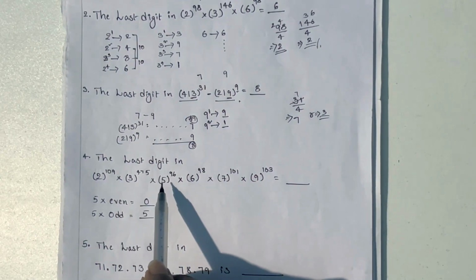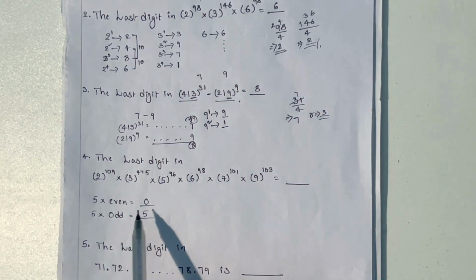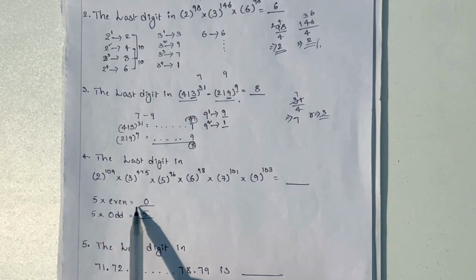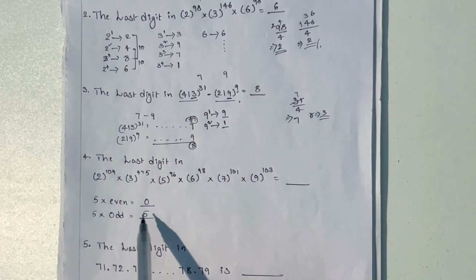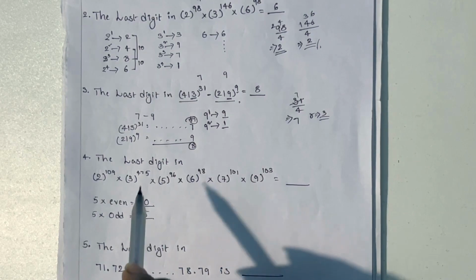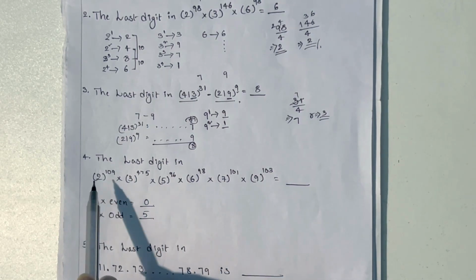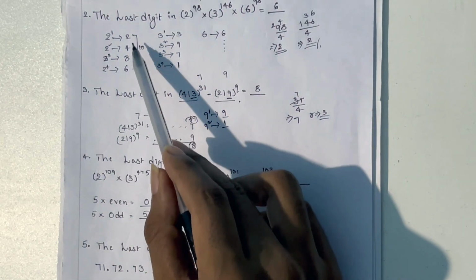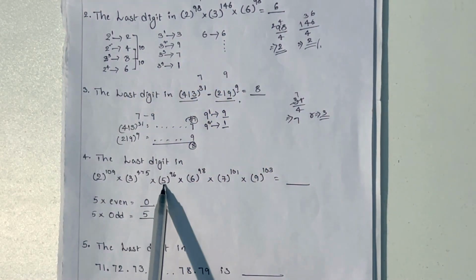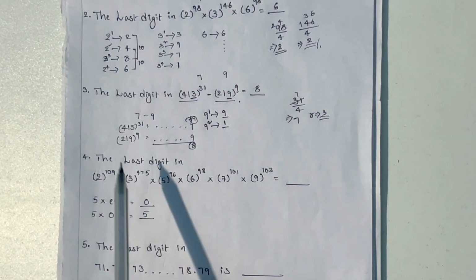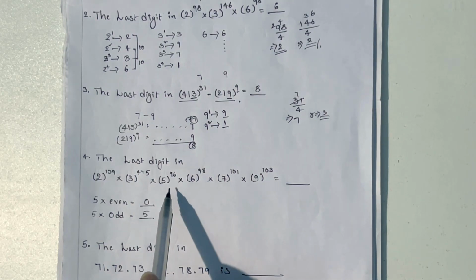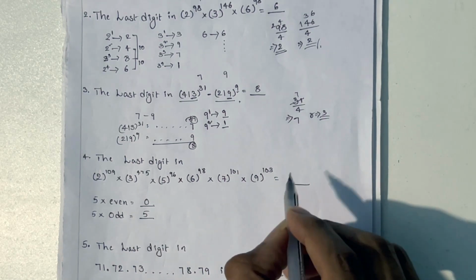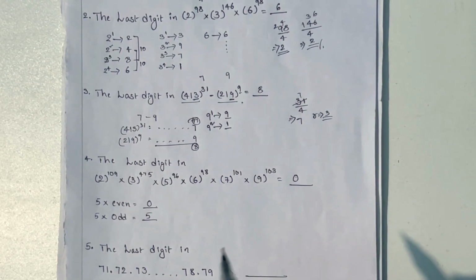If you see 5 in the product, be careful about whether there is any even number. 5 into an even number becomes 0, and 5 into an odd number has last digit 5. 2 has 4 possibilities: 2, 4, 8, 6. If 5 is multiplied with any of these, the last digit would be 0. If 0 is multiplied with any of these values, everything becomes 0. So the last digit would be 0.